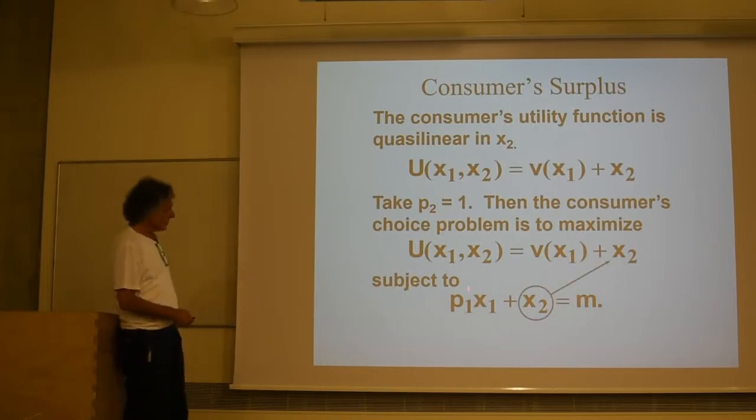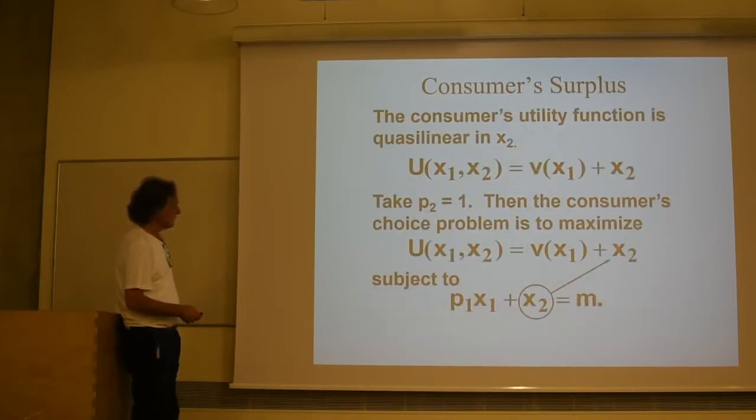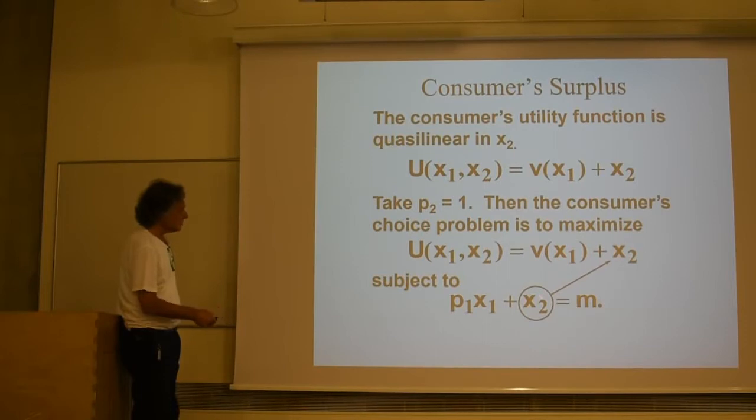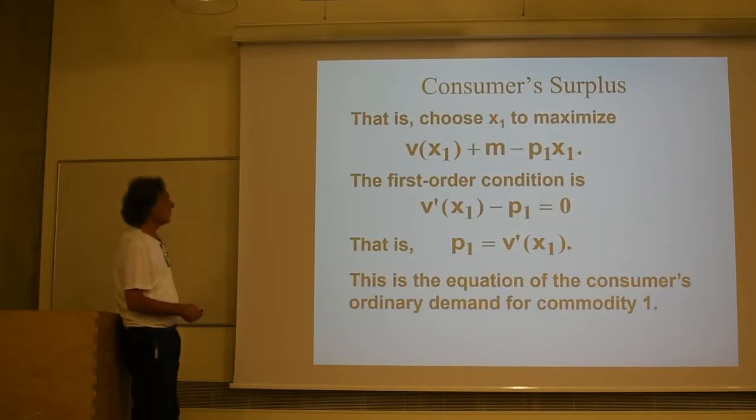But let's look at it. I put in x2, so the utility, instead of x2, has m minus p1 x1. So the utility is v(x1) plus m minus p1 x1.